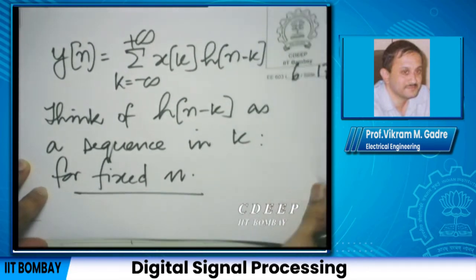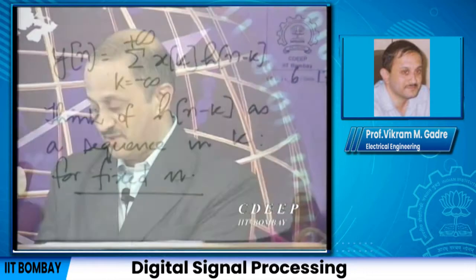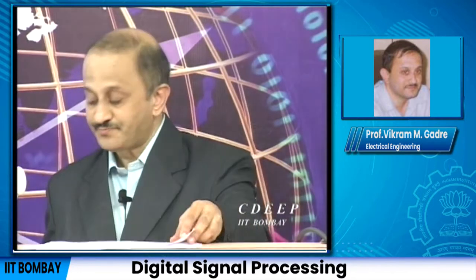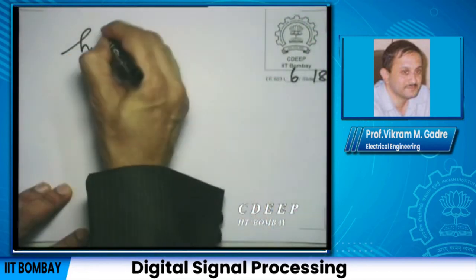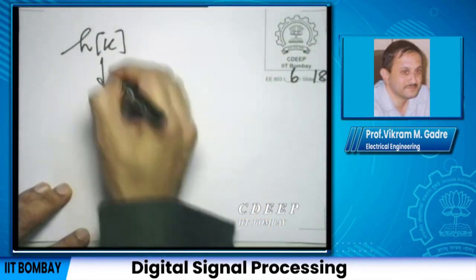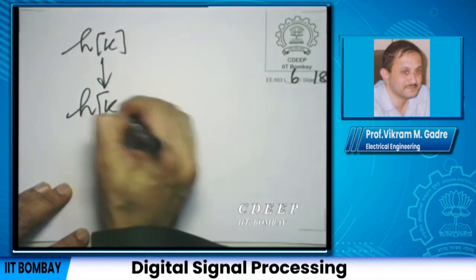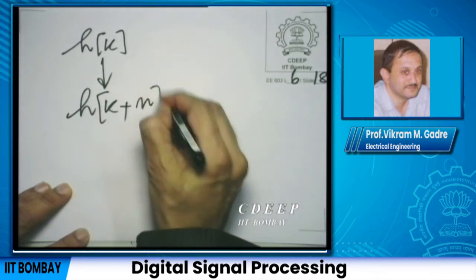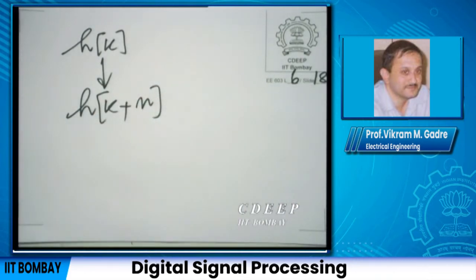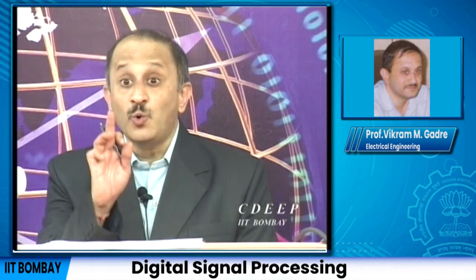So, towards interpreting that, we will follow 2 steps. We will first go from h of k to h of k plus n for a fixed n. And obviously for a fixed n, h of k plus n is essentially the sequence h of k shifted backward by n.